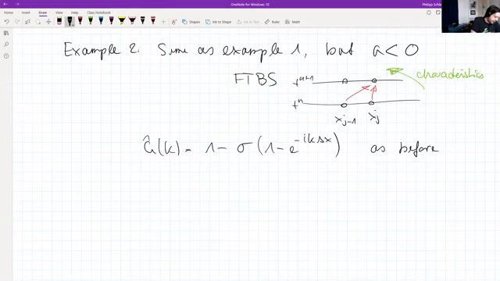The only difference is that sigma, which was a times delta t divided by delta x, is now actually a negative number. So this is now below 0 because a is negative. Delta t and delta x, of course, need to be positive numbers. But now sigma is lower than 0. That's the only change compared to the previous example.